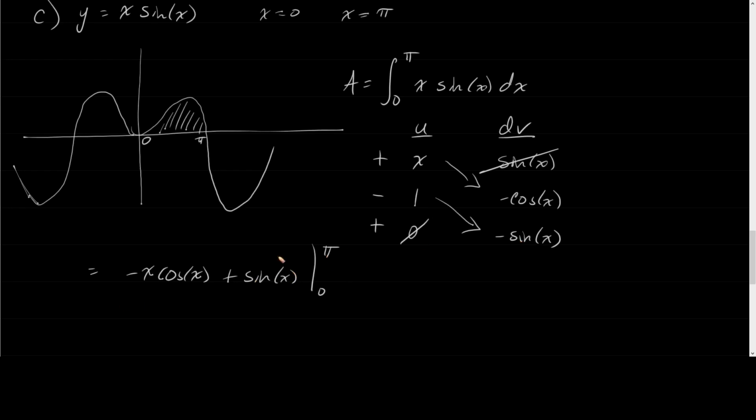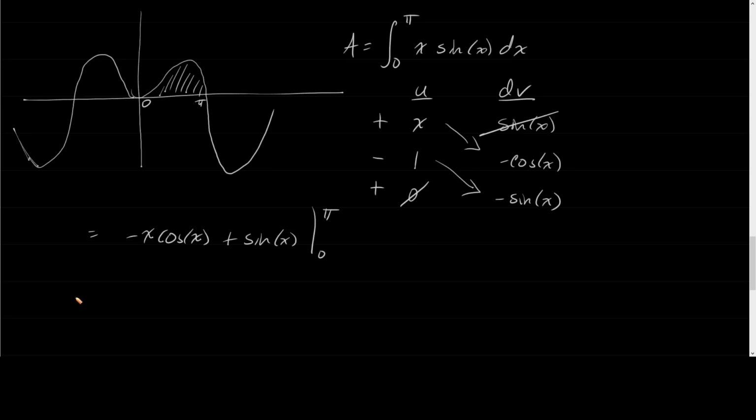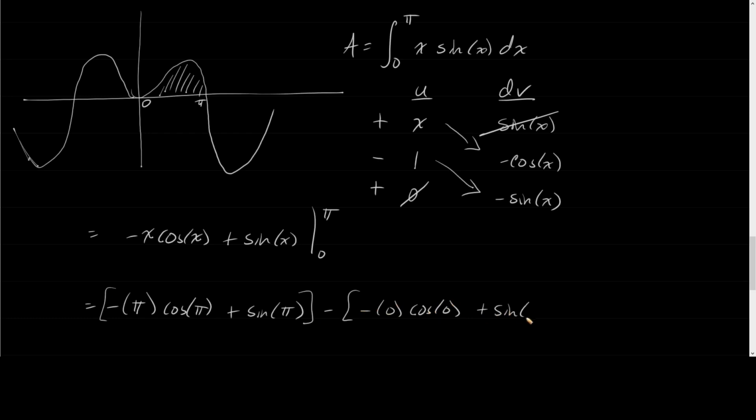And what do we get? Well, let's plug in pi, so we get negative of pi times cosine of pi plus sine of pi, minus the negative of 0 times cosine of 0 plus sine of 0.